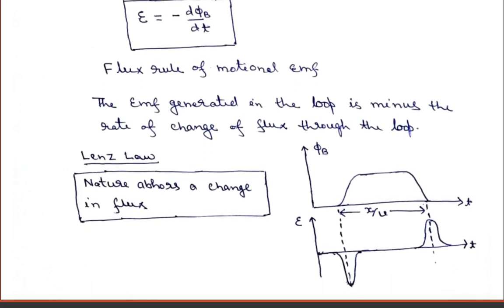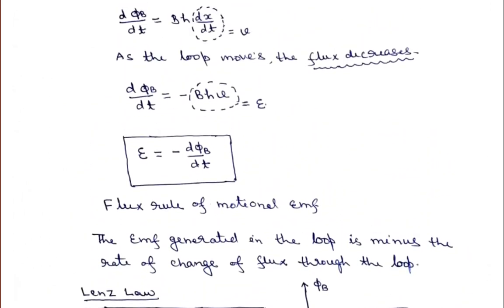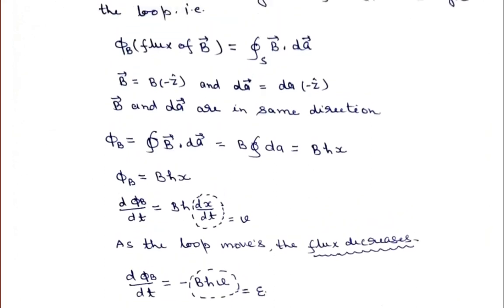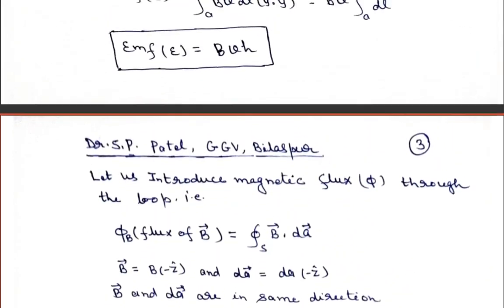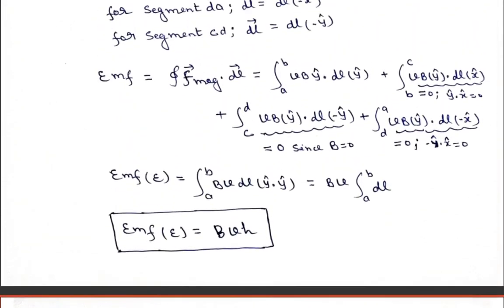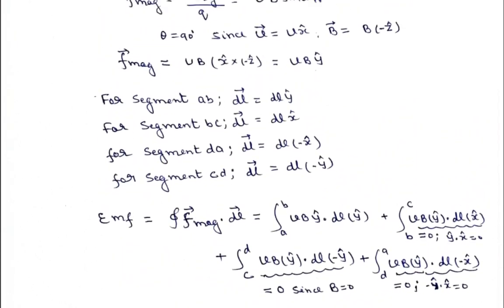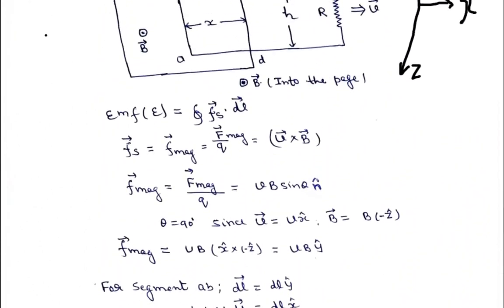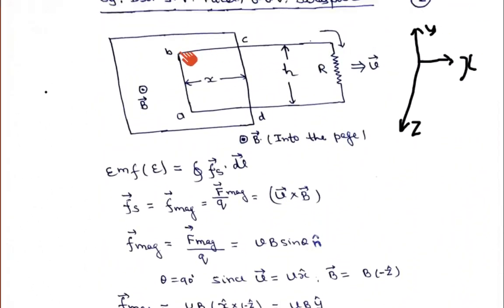Here, what we have considered is that the magnetic field was uniform, and whatever loop we considered, this circuit had a square loop or rectangular loop.